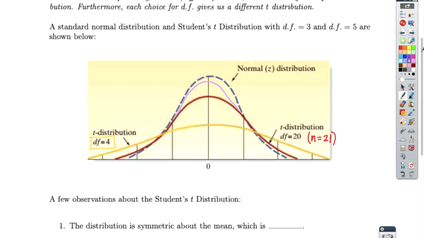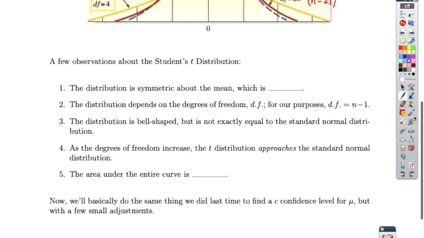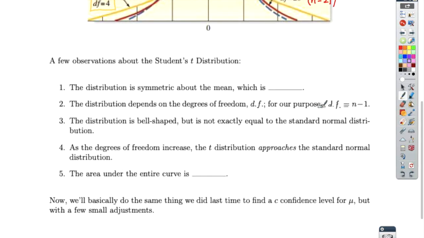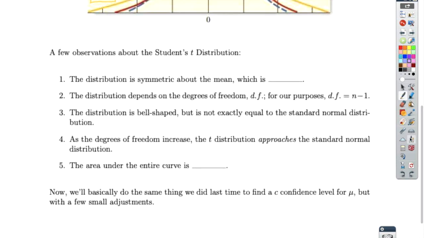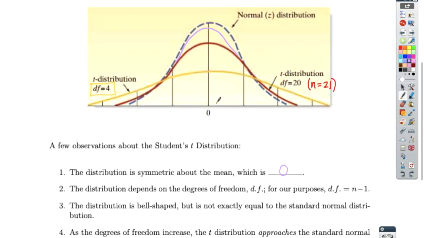So let's make a few observations about the student's t distribution before we go forward with it. First of all, the distribution is symmetric about the mean, which is 0. This is not different than the standard normal, which is also centered around 0.